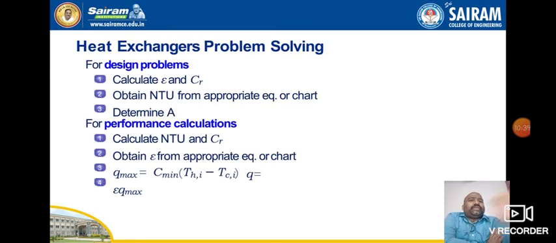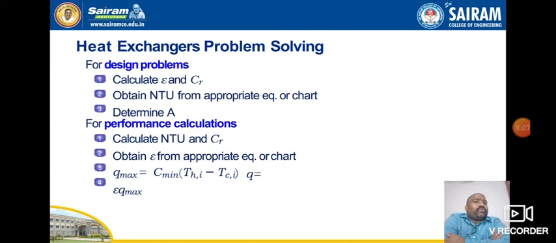Now come to the problem solving techniques. Suppose you want to design a heat exchanger, the following things are to be followed. First, calculate the effectiveness and Cr, where Cr is nothing but C minimum by C max, and obtain NTU from the appropriate equation or chart in the heat transfer data handbook, and determine the surface area for the heat exchanger.